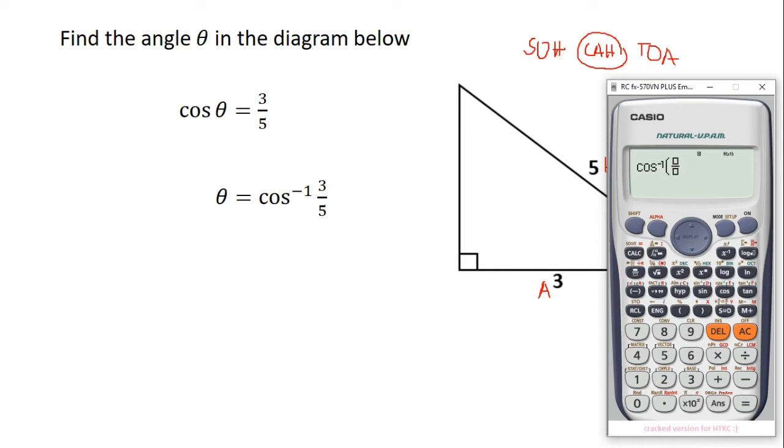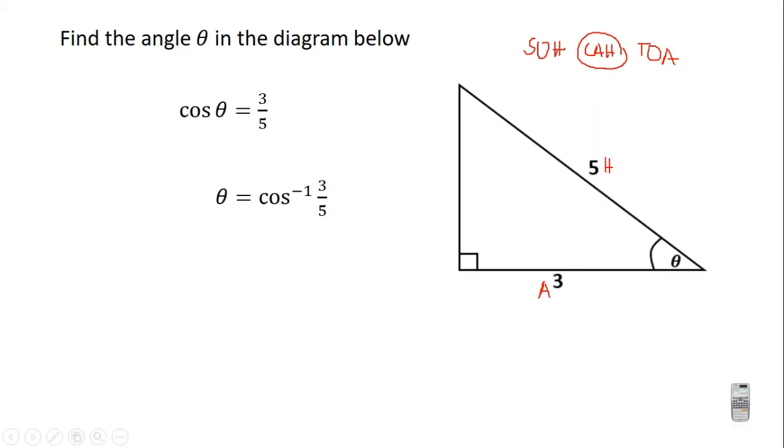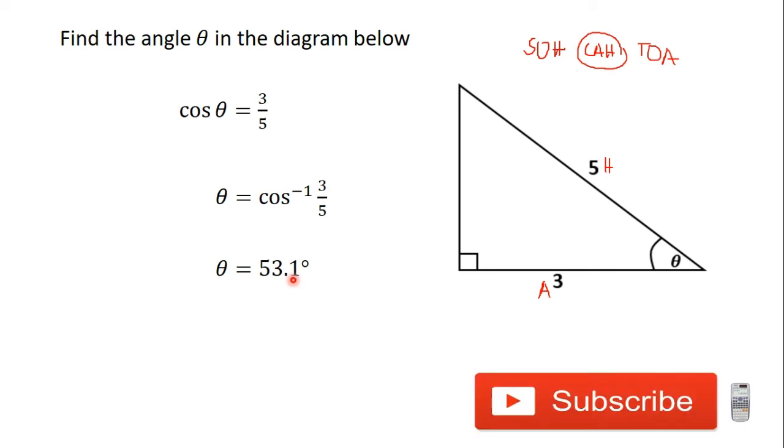Then you enter the fraction, 3 divided by 5, you close the bracket, equal to. So the calculator will compute the value of cos inverse of 3 over 5 for you, which is 53.130. So rounding it to one decimal place, you have 53.1 degrees. So you see that with this trig ratio also, you have been able to find the value of this acute angle in this right angle triangle to be 53.1 degrees.